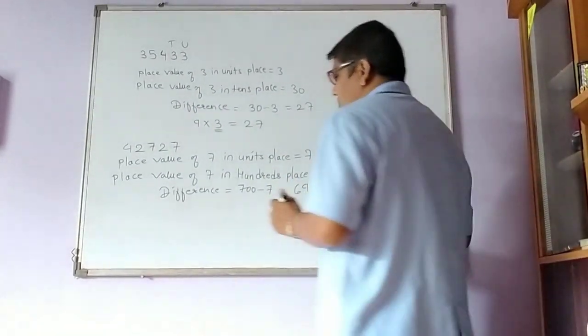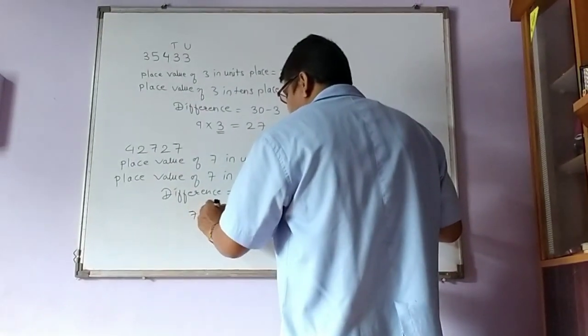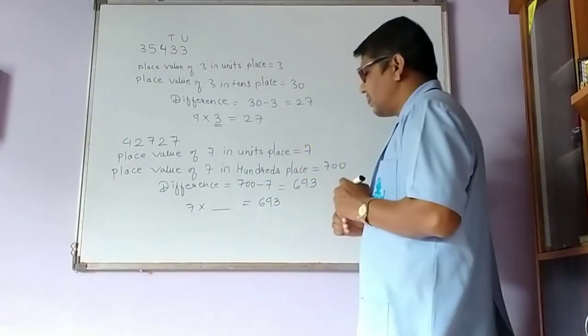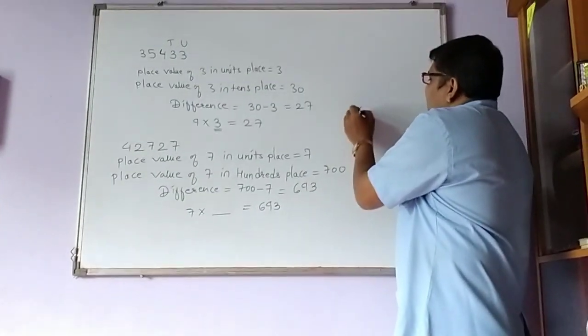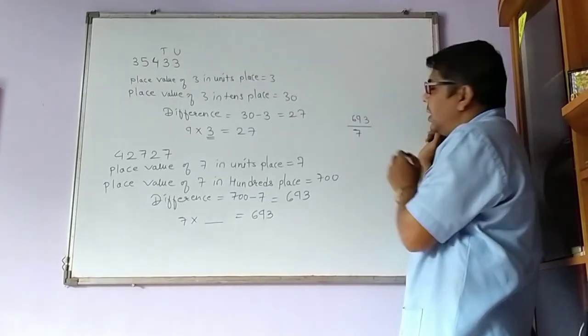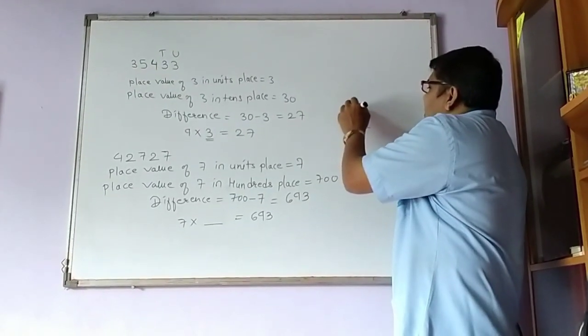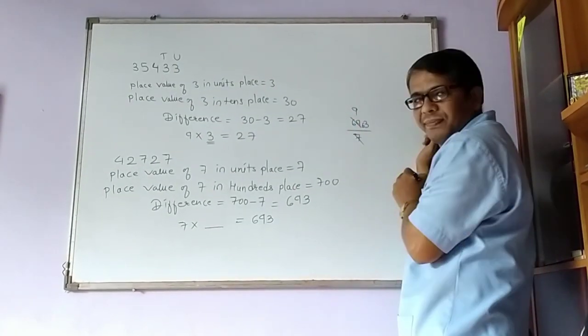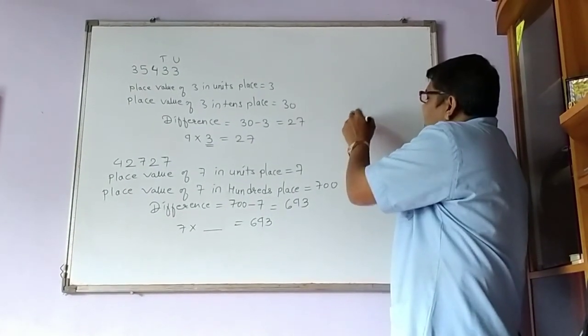Now this is how many times the digit 7? So 7, how many is 693? Suppose I divide 693, I can do it orally also. 7 ones are 7, 7 nines are 63. Remainder 6 and 7 nines are 63.